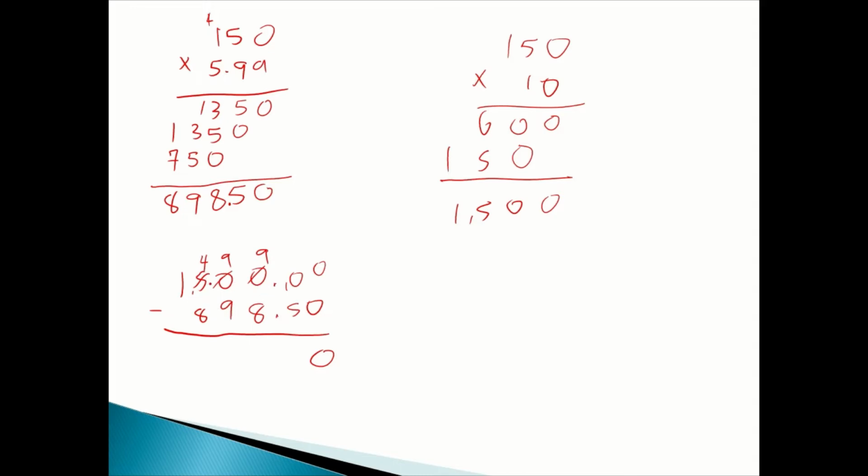So we're gonna borrow here, so 10 becomes 9, 10 becomes 9, and then 0 becomes 10. Therefore, we write there 5. Next, 9 minus 8, that's 1. 9 minus 9, it's 0. And then 14 minus 8, that's 6.